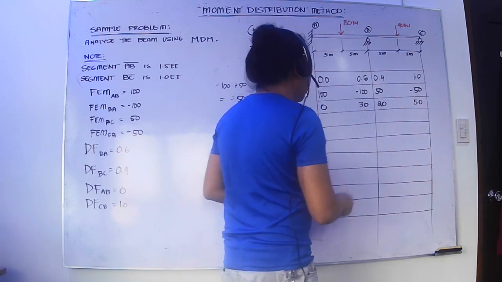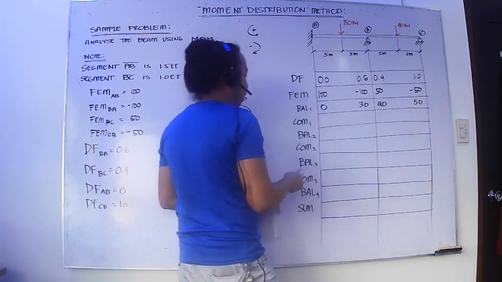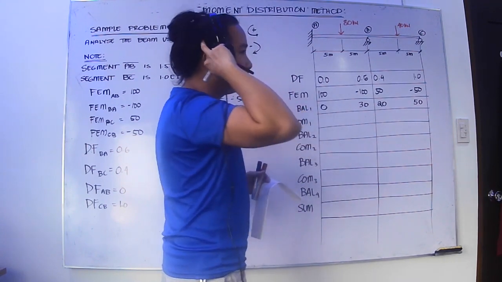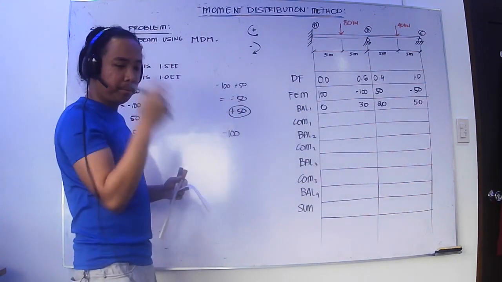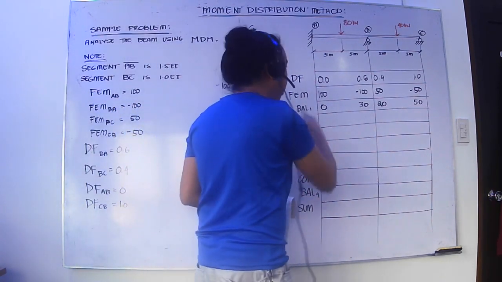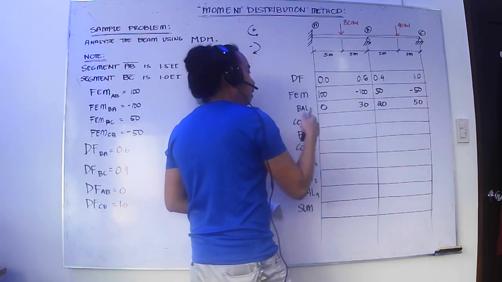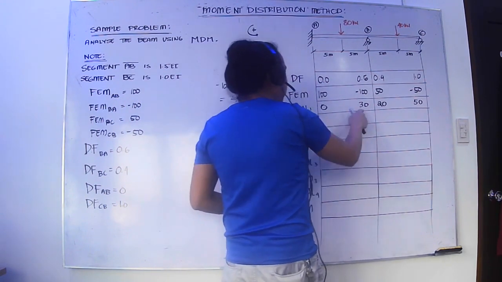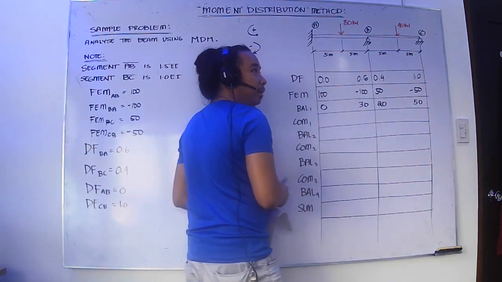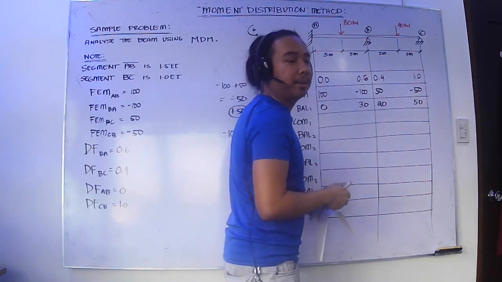Now, the next step is you do the carryover of the moment. Our carryover moment, we have proven that it's just 1/2 of the moment that we balanced out. In this case, you have 30. It's 1/2, as you can see in the derivation in the previous video.